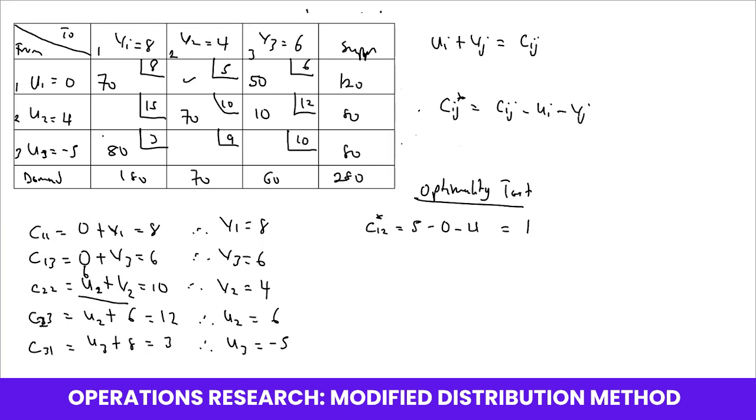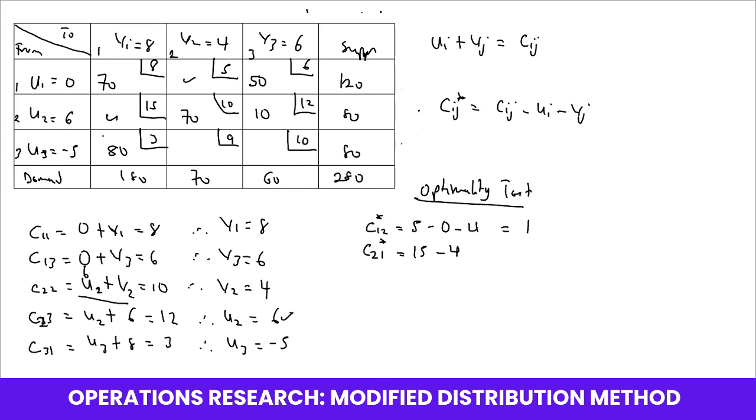And our next unallocated cell is this one, that's C21. Our Cij is 15, minus our U value. Sorry, writing down our values here, our U2 is 6, so that should be 6, not 4.